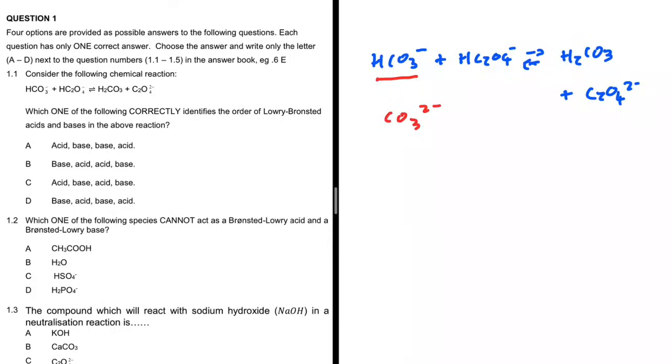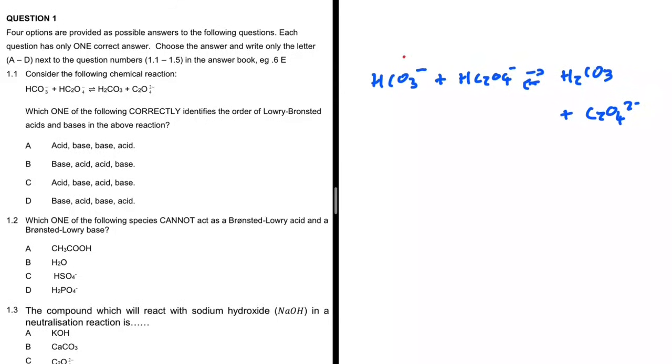So let's check and see if that is actually the case. We start with HCO3 minus, and then we end up with H2CO3. So it is not an acid, because it is not donating a proton. It actually looks like it has accepted a proton.